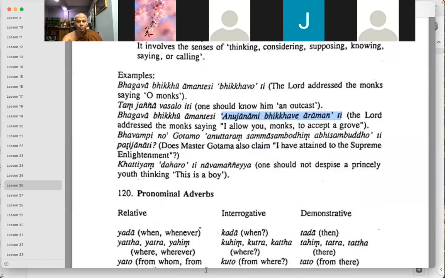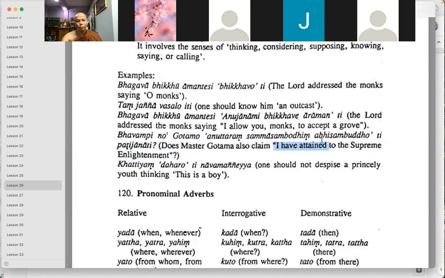And then next, bhavam pi no Gotamo, anuttaram sammasambodhim abhisambuddho ti patijanati. Patijanati. So here in connection with patijanati, the master Gotama also claimed that he claimed: I have attained the supreme enlightenment.